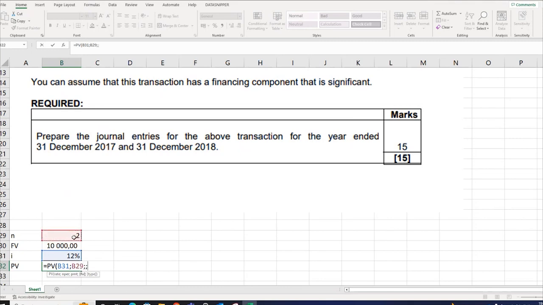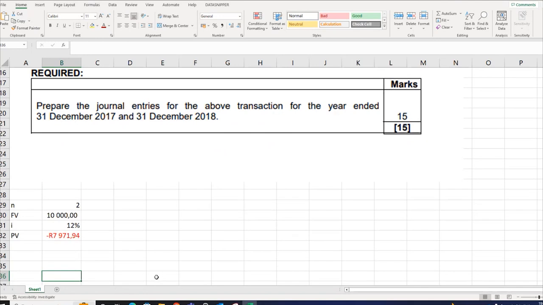We don't have a payment. Then the future value is, see, there is 10,000 Rand. And that brings us to 7,972. Okay. So we can go ahead and start with the journals of 2017.